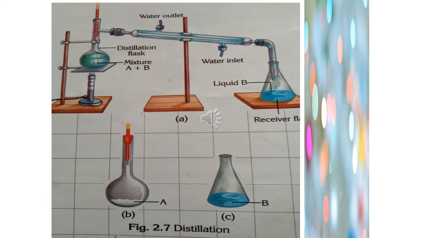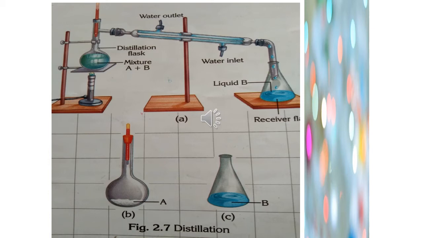After that, condense. Now how do we separate that? The solid component A, that means sodium chloride, that is soluble in liquid component B, is left behind in the distillation flask, after all the liquid has evaporated and condensed through the Liebig condenser into the receiver flask.